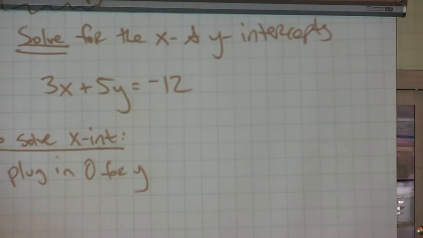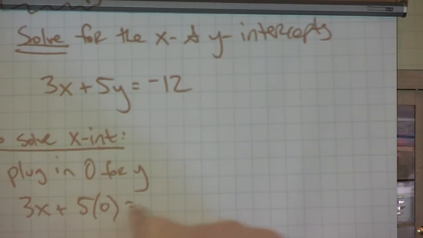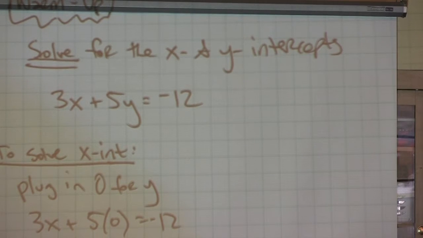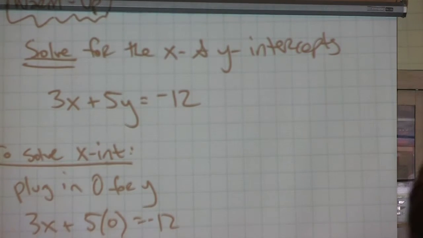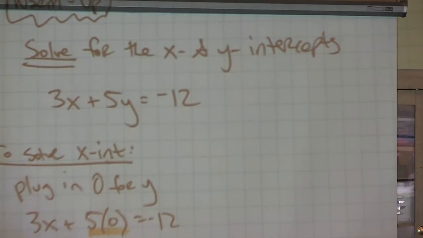So we're going to do that. We have 3x plus 5 times 0 equals negative 12. And then I solve this equation. What's 5 times 0? 0. So you get 3x equals negative 12, because 5 times 0 is 0. So what do I got to do with that 3? This is 0, so that's gone. Why divide?